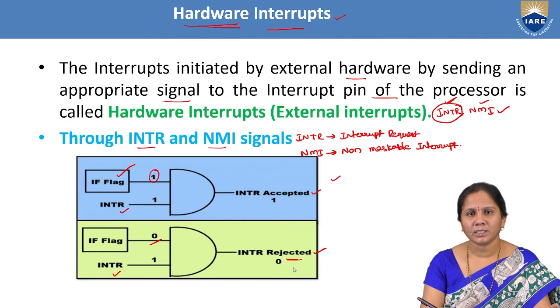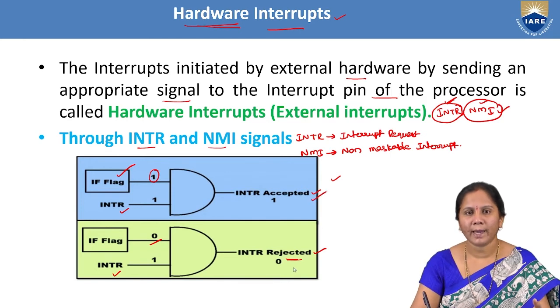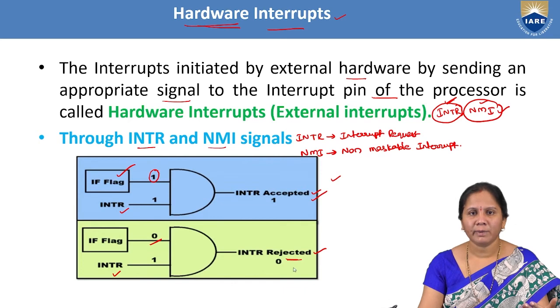In another case, if any external or peripheral device that generates an interrupt is connected through the NMI signal, that particular interrupt will be accepted by the 8086 microprocessor independent of the interrupt flag. In that case, there is no need to set the interrupt flag if any interrupt is coming through the NMI pin. That particular interrupt will be accepted by the 8086 microprocessor.